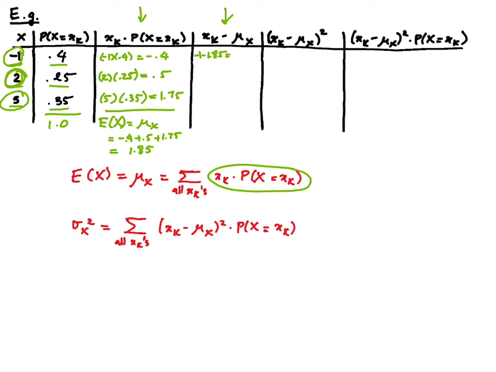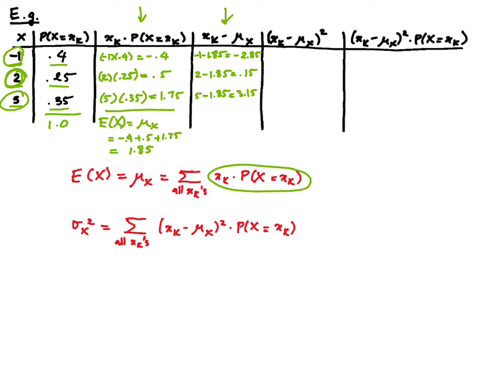That gives us -2.85, right? Then we have 2 minus 1.85. That gives us 0.15. And then 5 minus 1.85. That gives us 3.15.